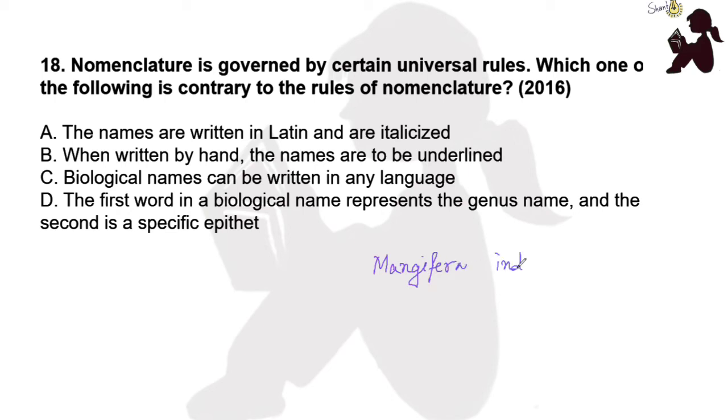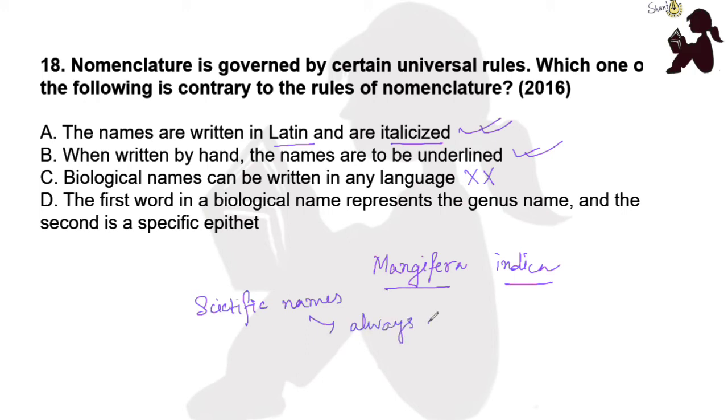Okay. So here the scientific name should be written in italics and in the Latin language. This is true. Then when written by hand, the names are to be underlined. Yes, this is also true. Biological names can be written in any language. This is not true because these scientific names are always written in the Latin language.